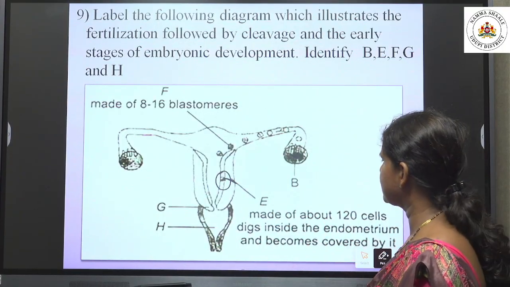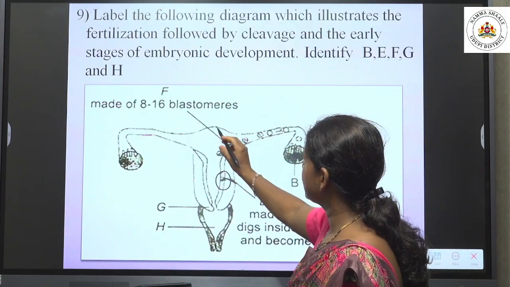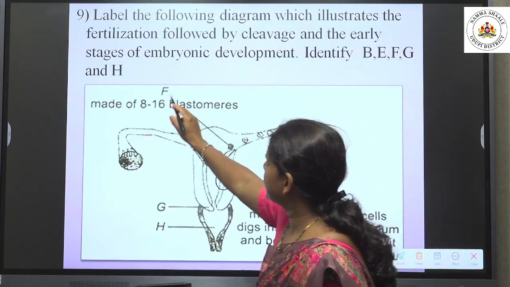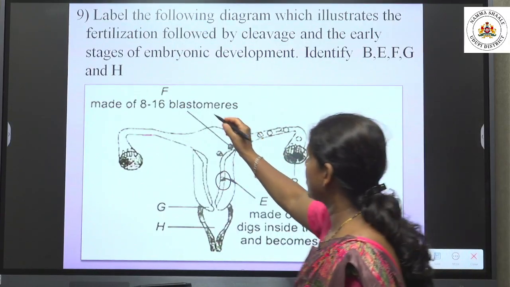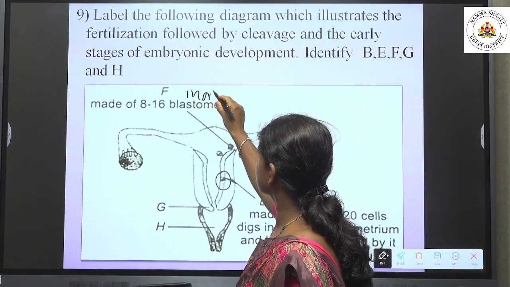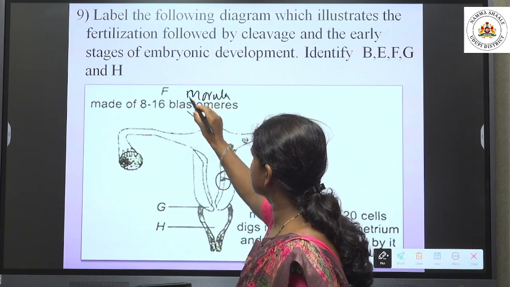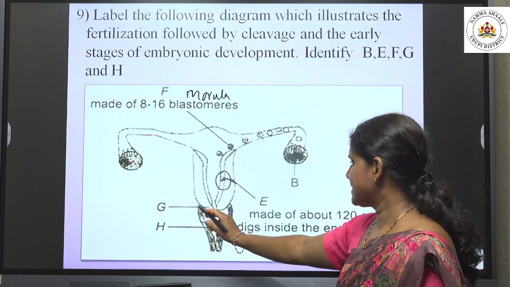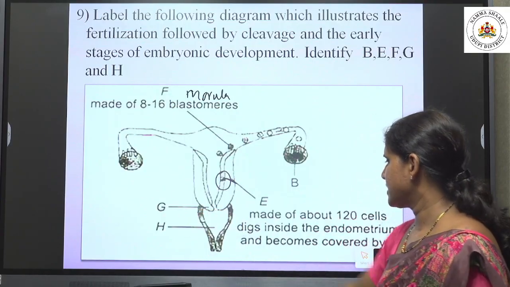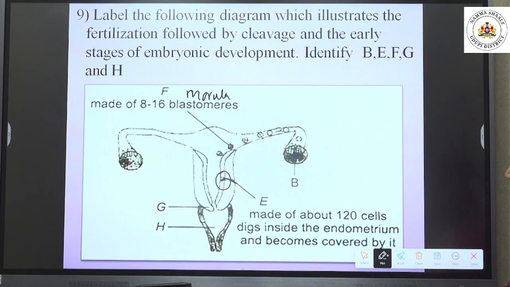F is made up of 8 to 16 blastomeres, that is a morula. And then G is the cervix and H is the vagina.